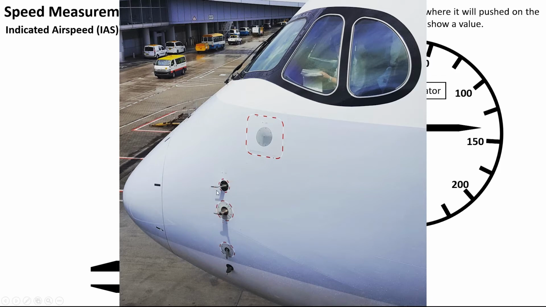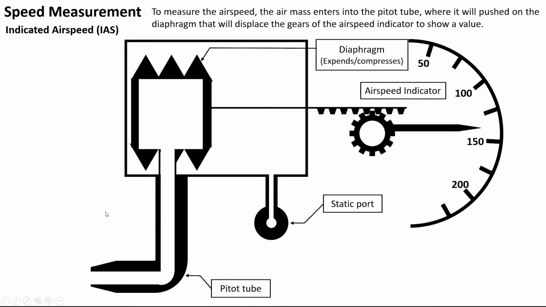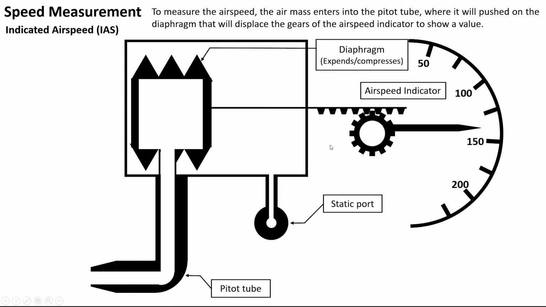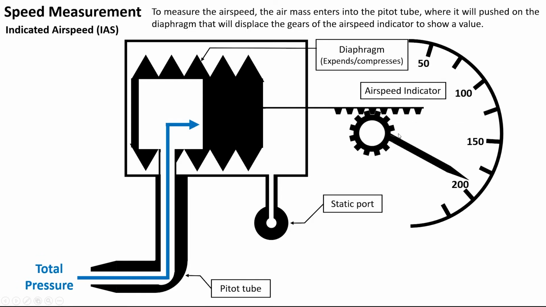What penetrates is the total pressure of the air, and it will make this diaphragm expand, which pushes against this gear and shows an indication. I'm going to do it again, maybe that went a bit too fast. As you can see, the total air pressure pushes against the diaphragm, and that shows an indication.